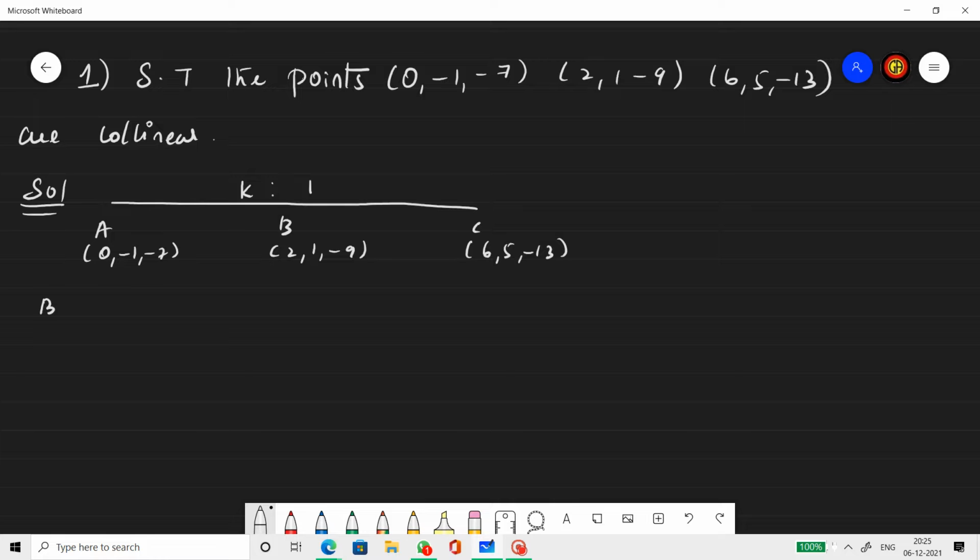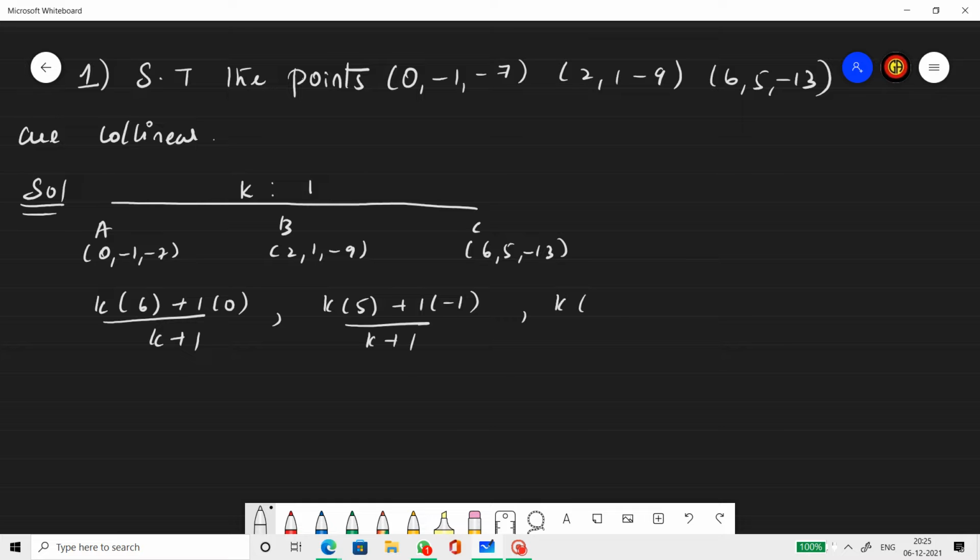So let's find B's coordinates in terms of K. We get (K times 6 plus 1 times 0) by K plus 1, (K times 5 plus 1 times -1) by K plus 1, and (K times -13 plus 1 times -7) by K plus 1.